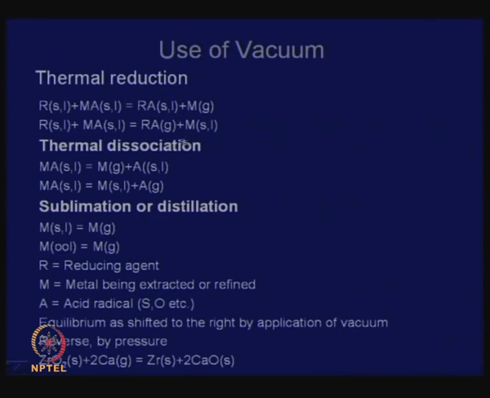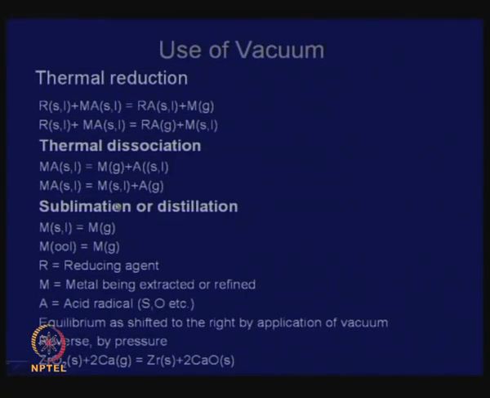But suppose the reducing agent produces a gas, then in either case the reaction becomes sensitive to vacuum. We can apply vacuum and help the reaction go forward. So, many pyrometallurgy operations make use of vacuum. Of course, it will be true for sublimation or distillation also. Like if you have a metal, we want to purify it, and if we heat it, it forms a gas.